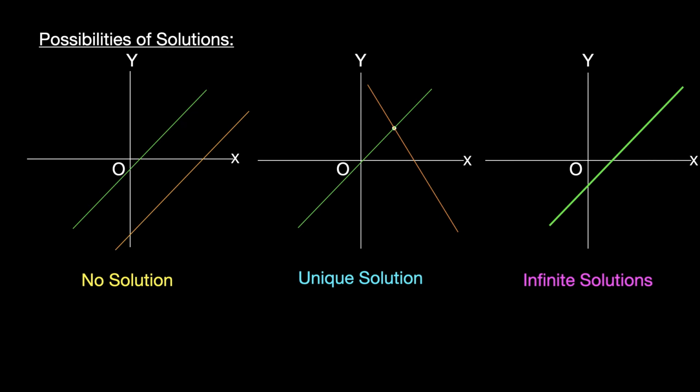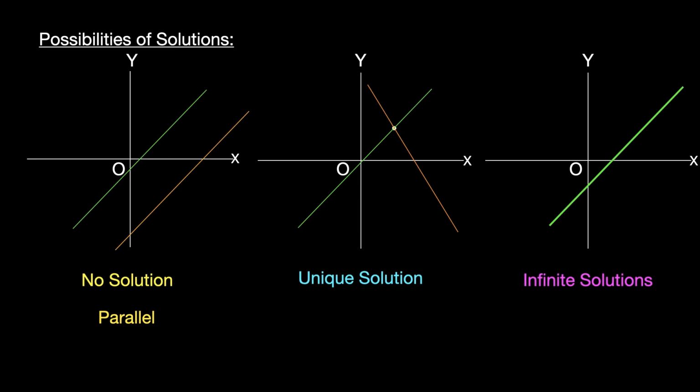If you draw the two lines and these two lines come out to be parallel, then we say that the system of linear equations has no solution. Why? Because they are not going to intersect anywhere. So that system has no solution if the equations are represented as parallel lines.